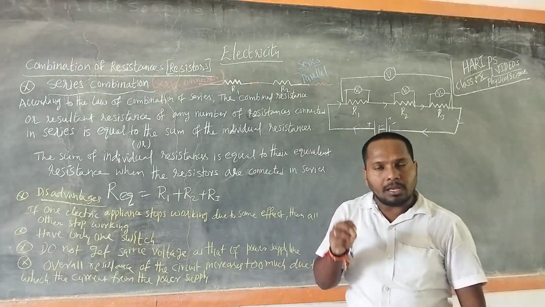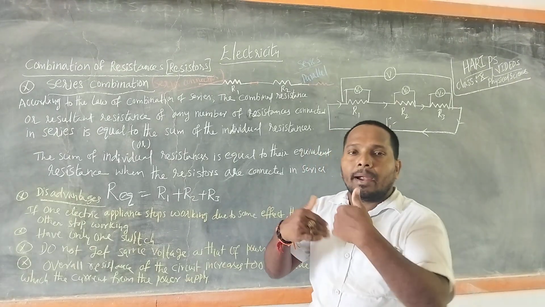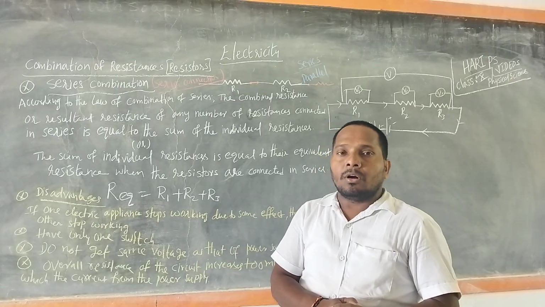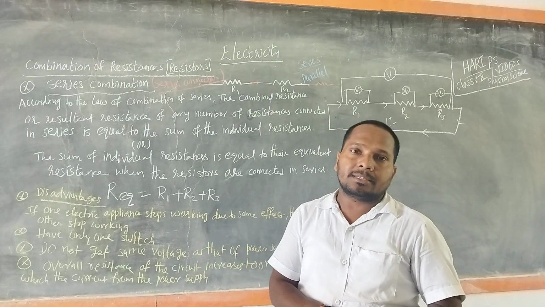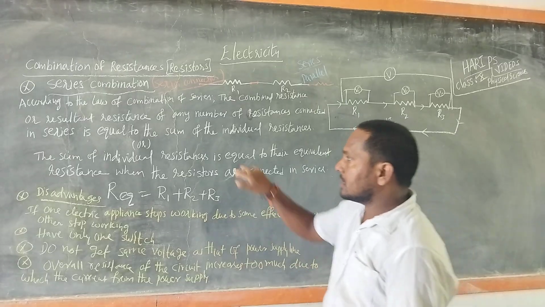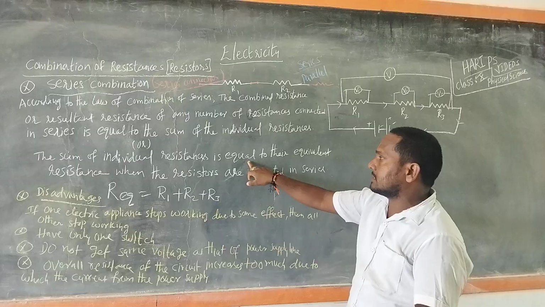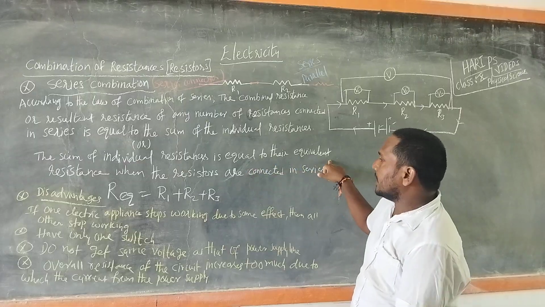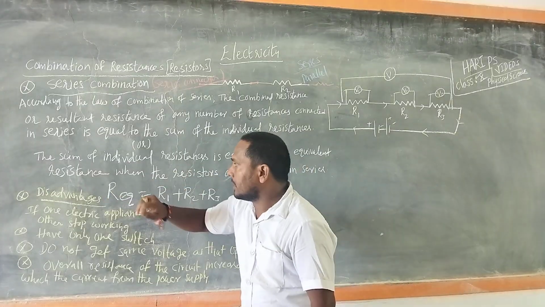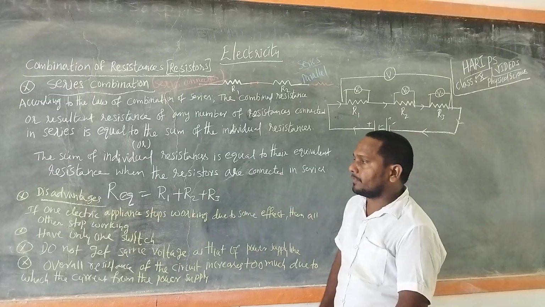The total resistance is called the combined, equivalent, or resultant resistance.